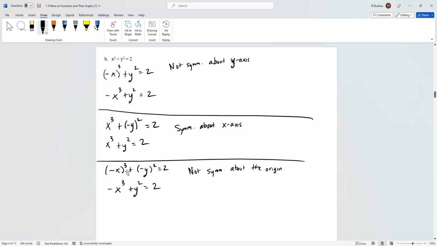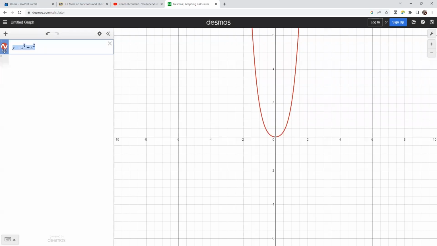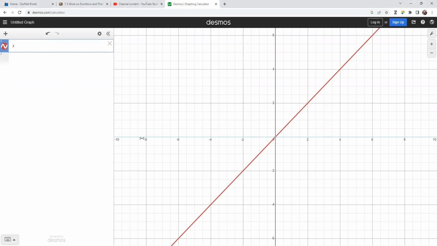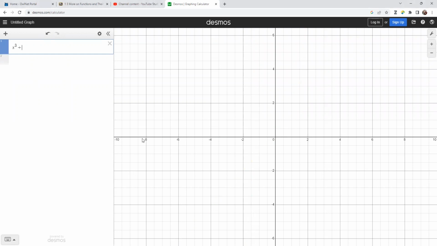Okay. So again, let's hop over to Desmos just to look at the plot. This time we had x cubed plus y squared, and that equaled 2.